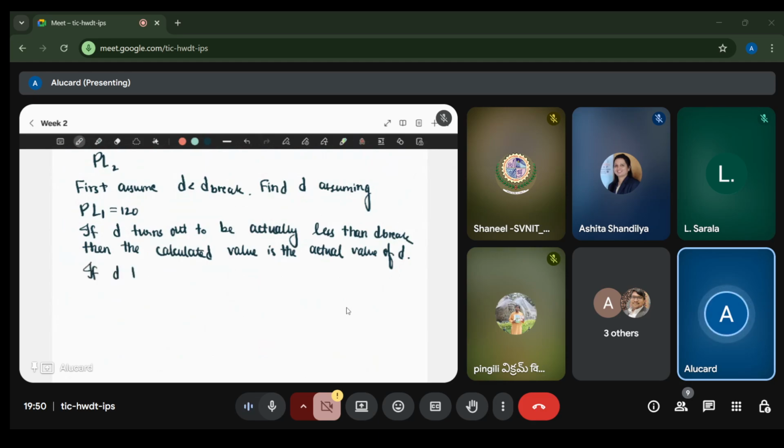If d turns out to be more than d break, our assumption must have been wrong.